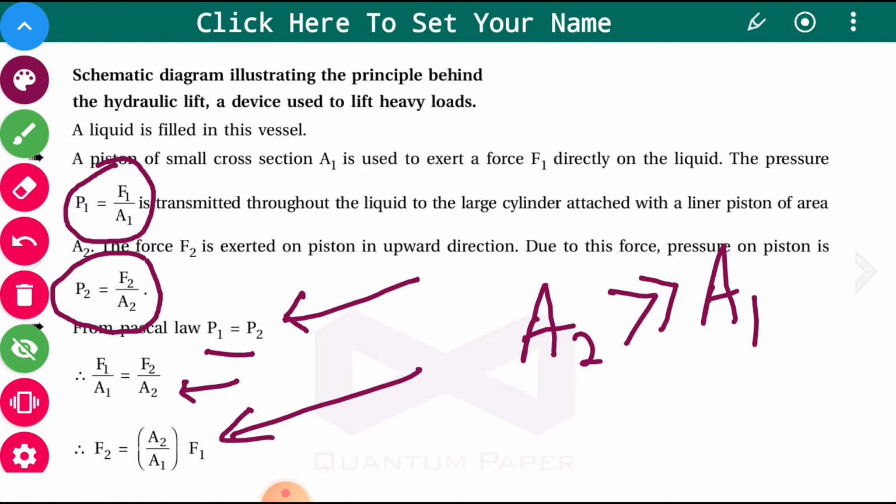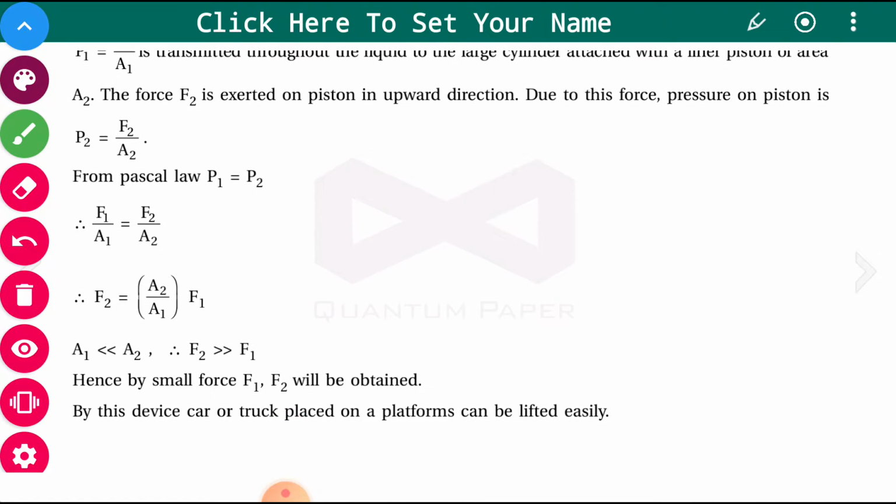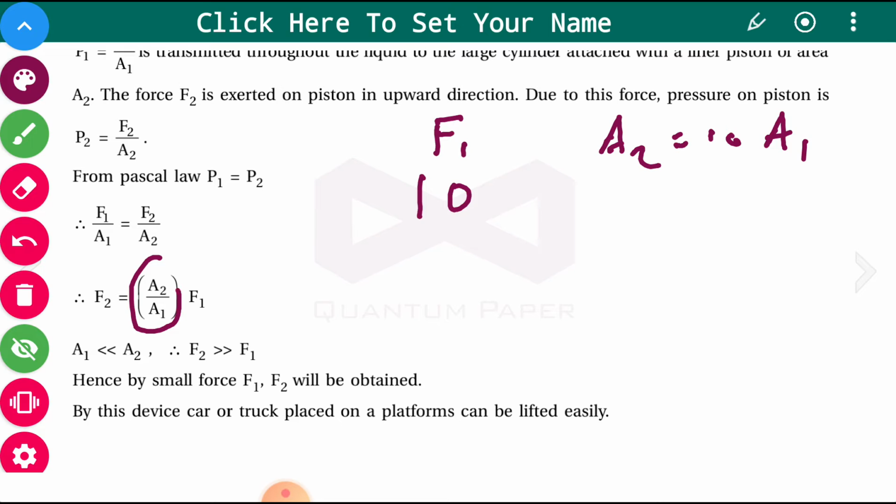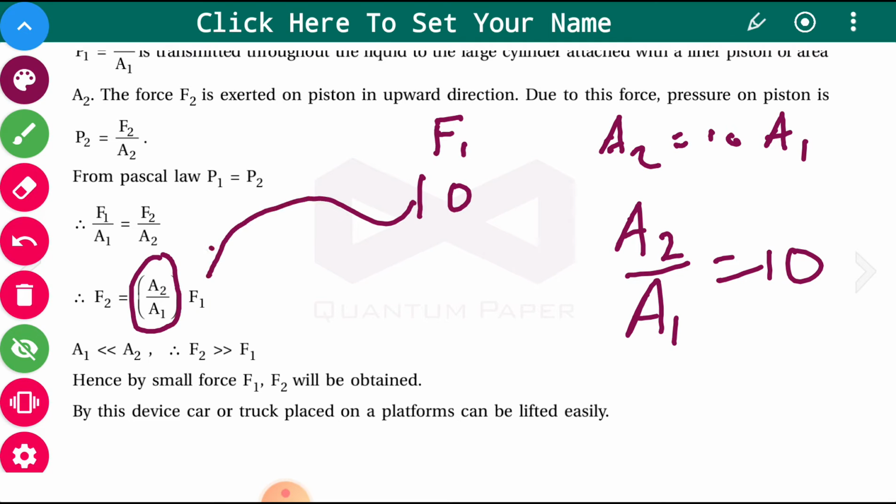For example, say a 10 Newton force is applied as F1, and A2 is 10 times more than A1. Then A2 upon A1 is 10, so the force we applied, 10 Newton, is multiplied by 10.